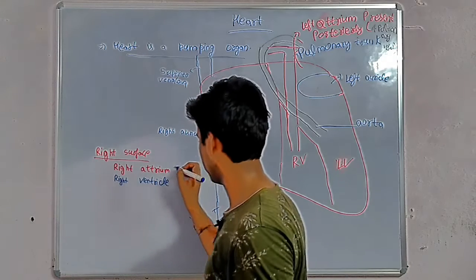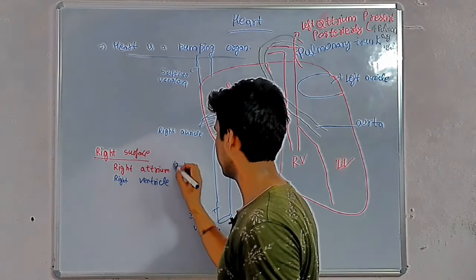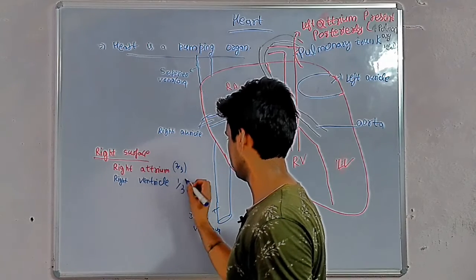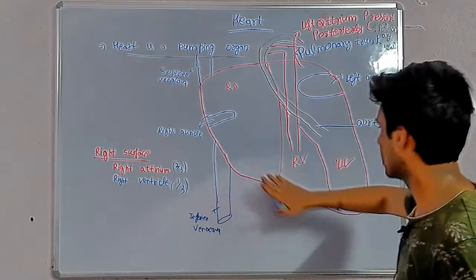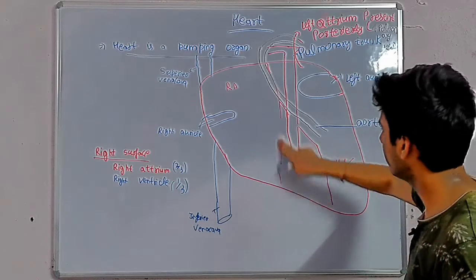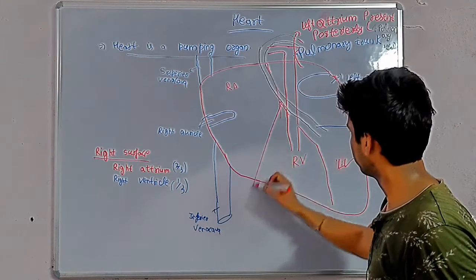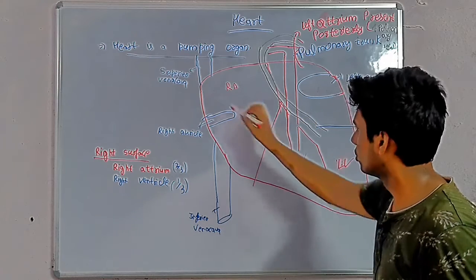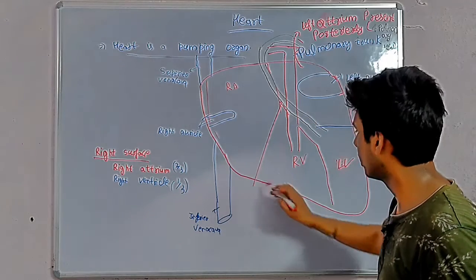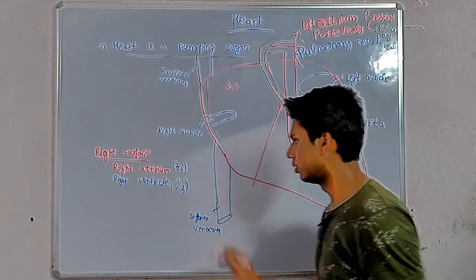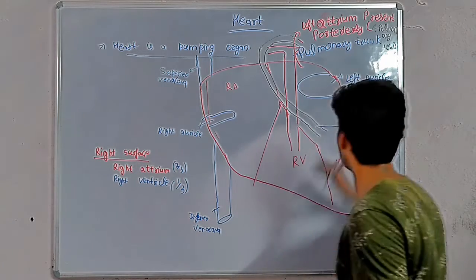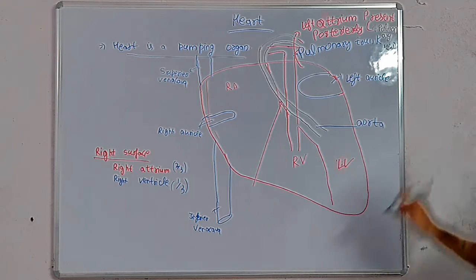Slightly, very little, let's say 2/3 or 1/3. Most of the majority will be the right atrium, like this pattern. So this border, the right surface, started and some covers the right ventricle. Done. Right surface. Then this is the left surface.